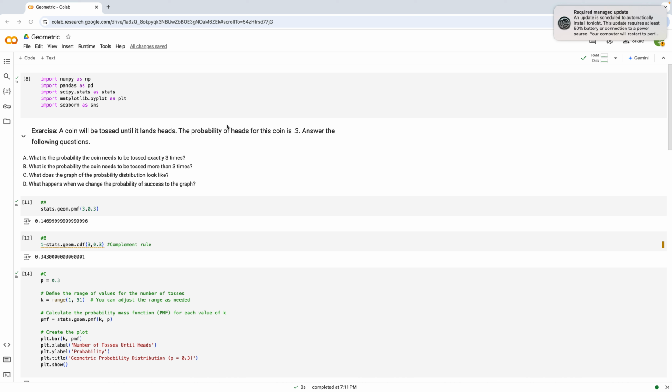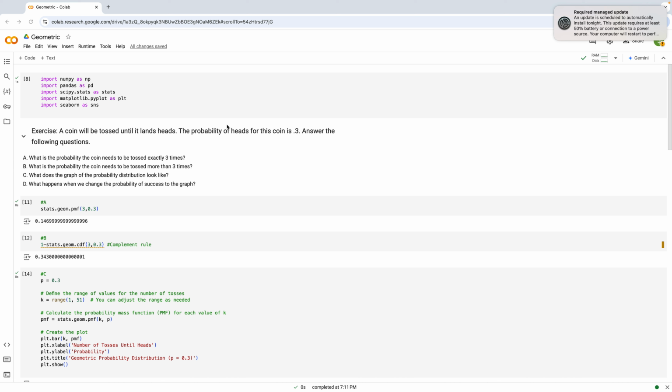So let's answer this question. The first important thing to note is that this is a geometric distribution. The properties are satisfied. So for example, each toss is independent, meaning one toss does not affect another.